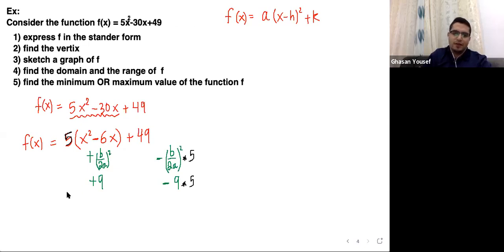So let's do this here. I will get 5 times the parentheses x squared minus 6x plus 9. This is inside the parentheses. Outside the parentheses is plus 49, minus 9 times 5, which is 45.